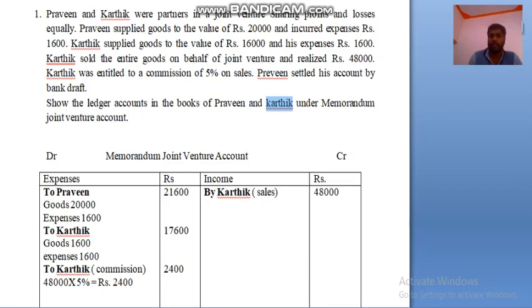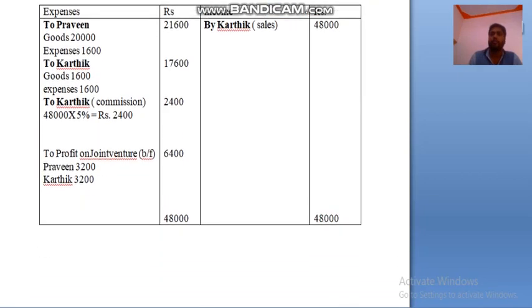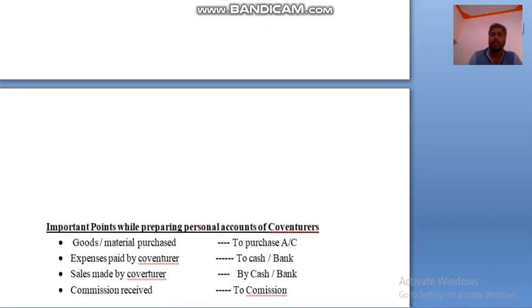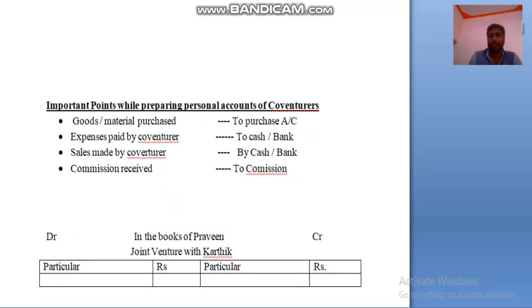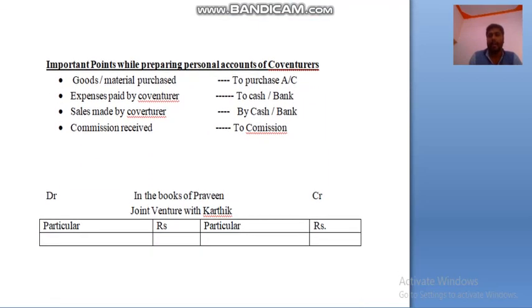Before preparing the personal accounts of Praveen and Karthik, there are important points to keep in mind. In the personal accounts of co-venturers, if they purchase any goods or materials, you have to debit the transactions with purchase account. If any expenses are paid by co-venturers, that should be debited with cash or bank.